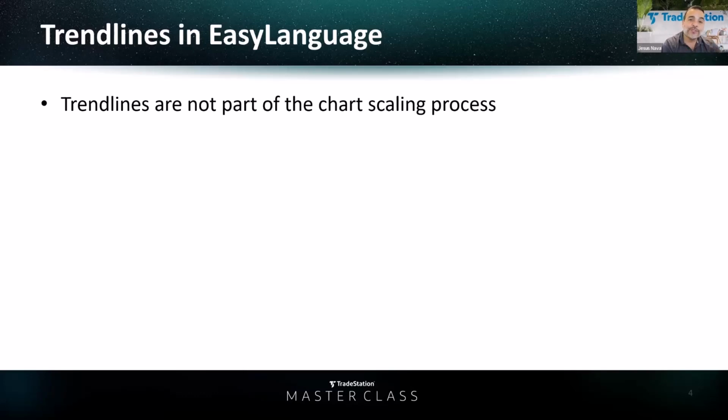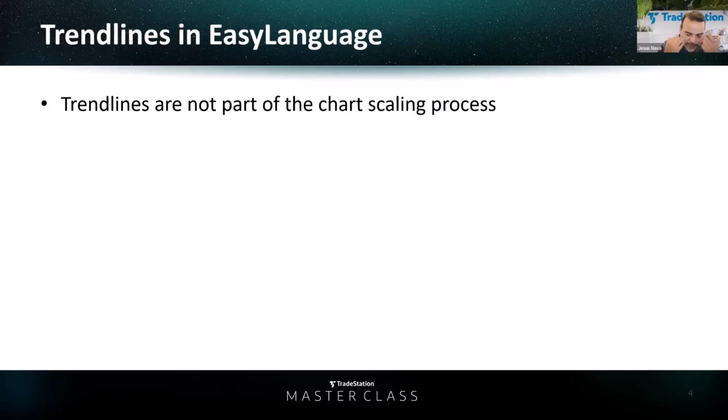If you switch your chart to a 5-minute time frame, TradeStation by default will only give you 5 days of historical data. So that anchor point that you selected 30 days ago is not going to be included in a 5-minute time frame by default. So by missing that anchor point, the trend line just won't draw.